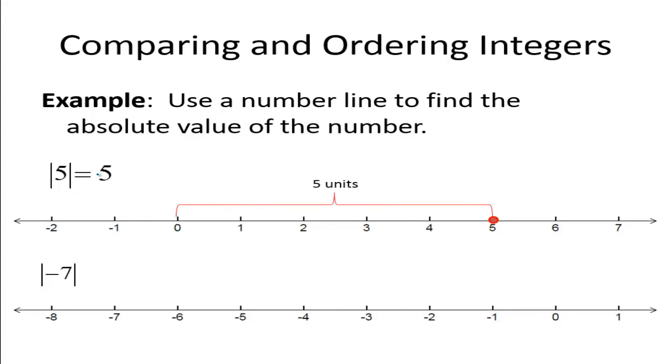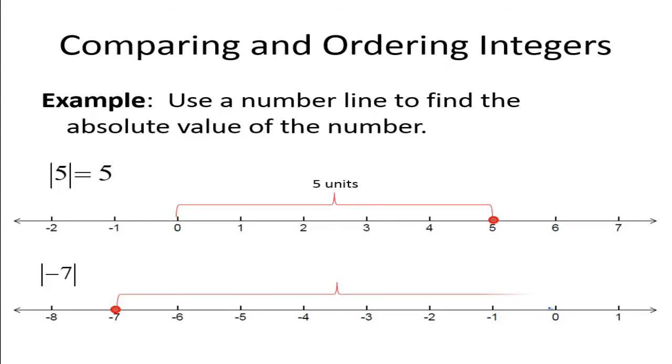There it is. Let's do the second example, the absolute value of -7. This is asking, how far is -7 from 0? So here's -7, and we count how many units is -7 away from 0. So 1, 2, 3, 4, 5, 6, 7.